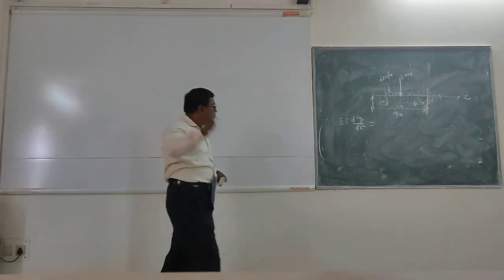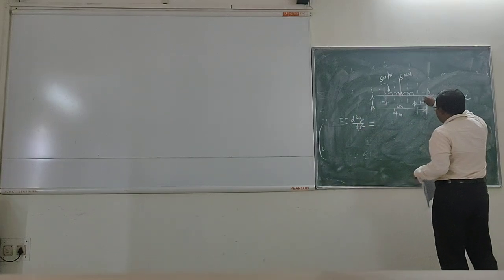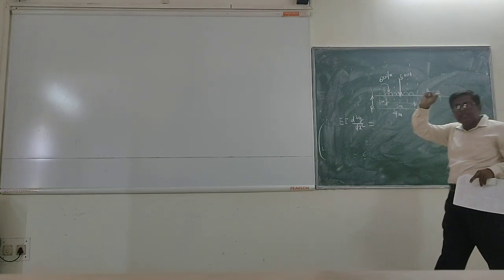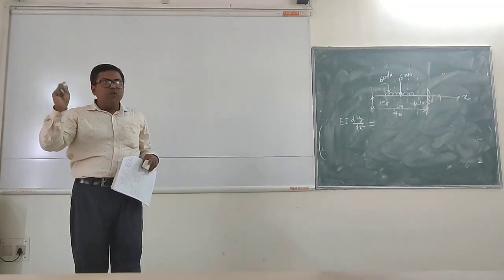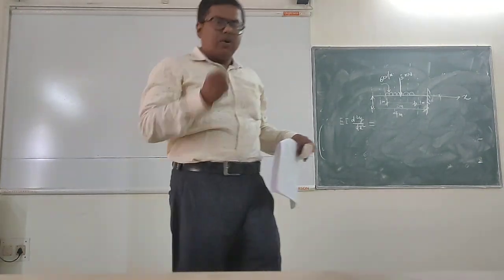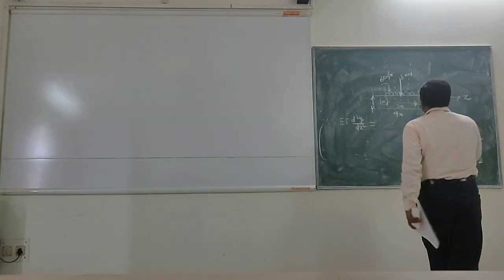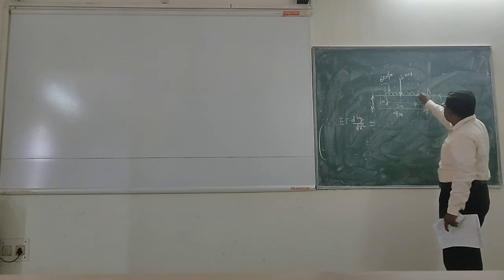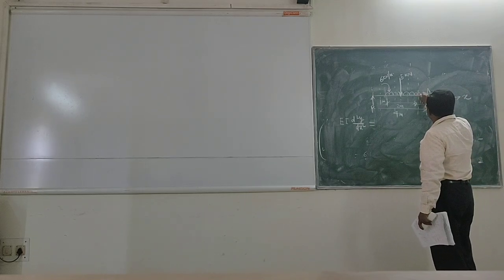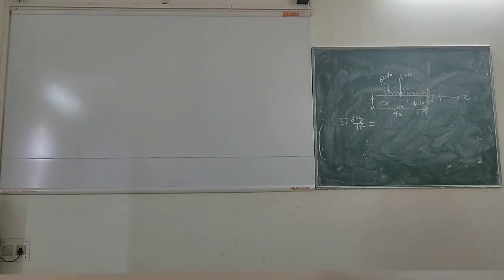So to solve this in an easy way and to write the moment equation more easily, instead of this 2 meter load, let's say my beam is loaded with 3 meter load.